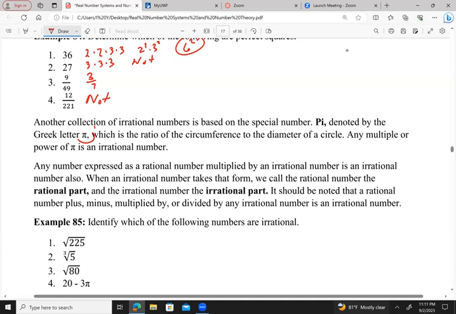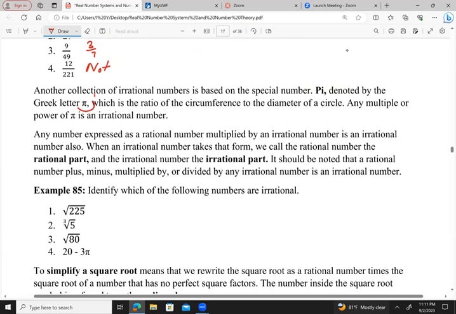So, which of the following numbers are irrational? Can I take the square root of 225? In this case, we'll just use our calculator. Square root of 225 is 15. So this is rational.